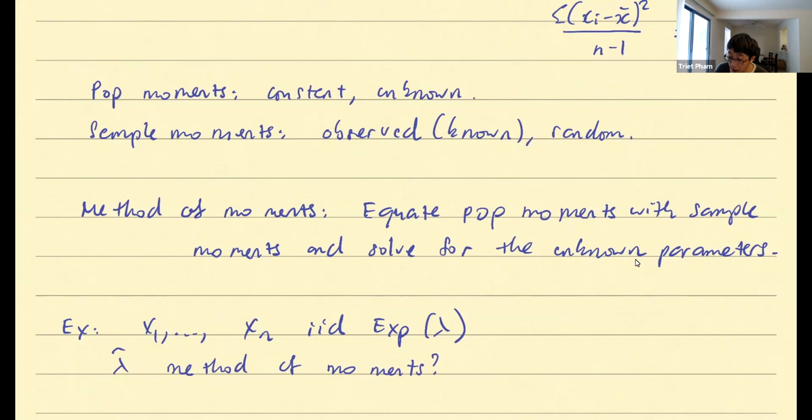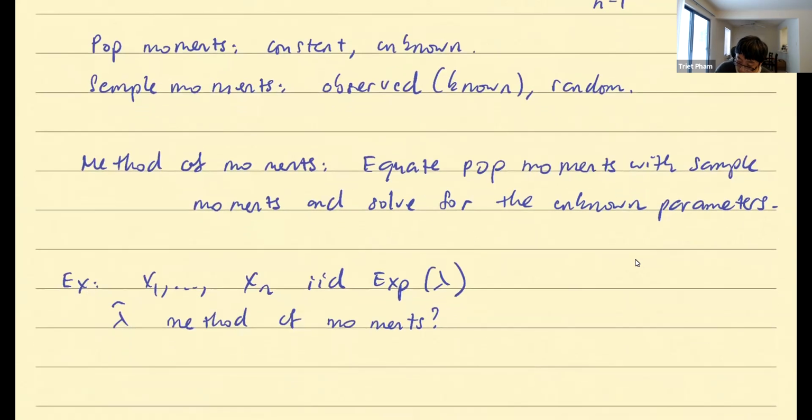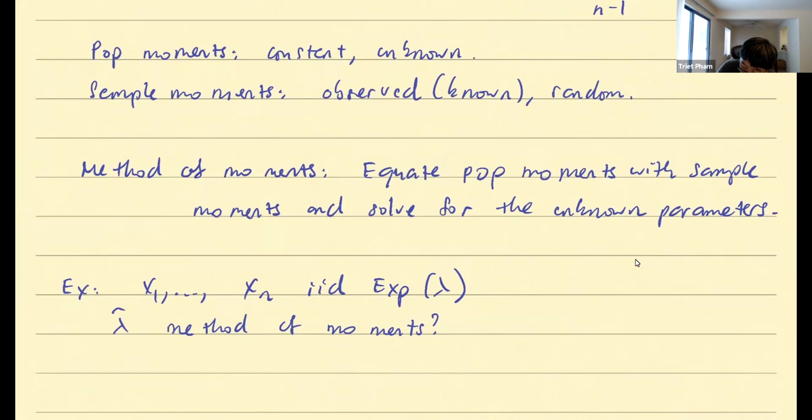What does it say? Okay, what's the population mean? Well, the population mean is lambda, isn't it? Do we agree? Here it's very important for us to know what exponential we're talking about, because here the density is stated like this.